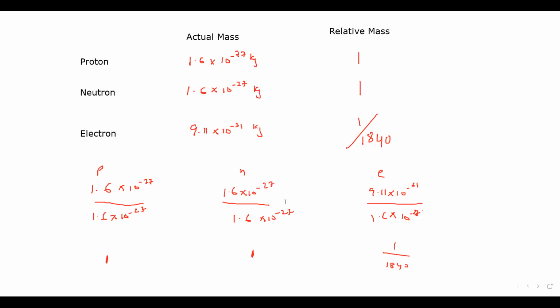This is the concept of relative mass, the comparison mass. When we take the simplest ratio of the actual masses of proton, neutron and electron, it is 1 for proton, 1 for neutron, and 1 divided by 1840 for electron.